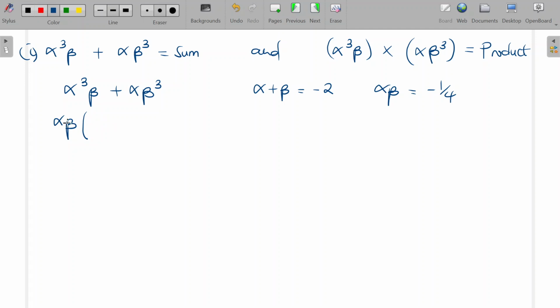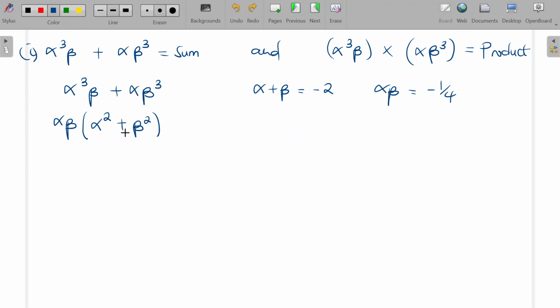Then alpha beta into alpha to the power 3 beta gives you alpha squared, plus alpha beta into alpha beta to the power 3 gives you beta to the power 2. That is what you're going to have. Now, you know what this is, but you don't know what this is, so you need to find it. How are you going to do that? This is what you're supposed to do.